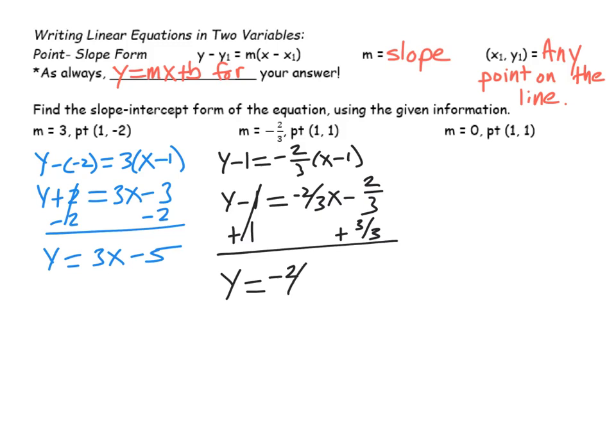Slope is -2/3. Again, I'm doing a little work to get my y-intercept. Hopefully you caught that, that needs to be positive because I had a negative times a negative. 2/3 plus 3/3 is 5/3.